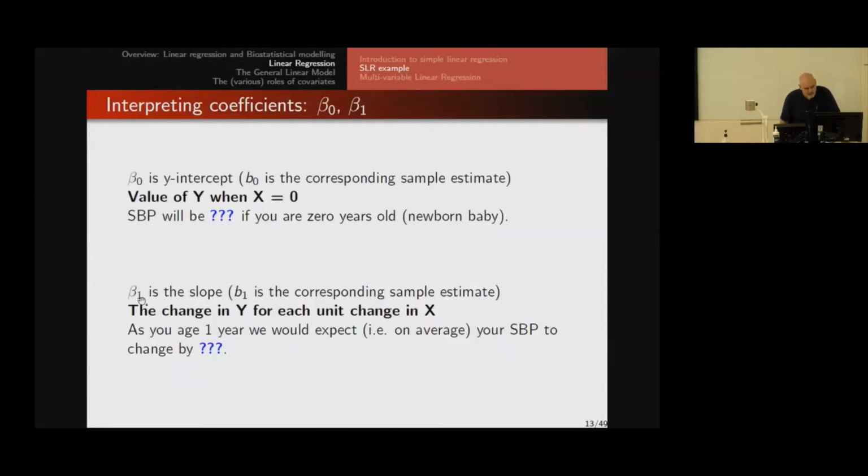The much more important one is beta 1. It's the slope. And again, B1 is the corresponding sample estimate. What this represents is the change in our outcome variable every time we increase X by 1. So as I get 1 year older, we would expect on average your SBP to change by what value?